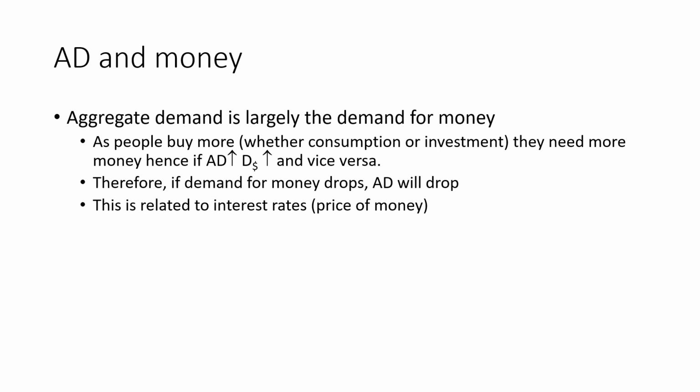And if price goes up, demand will go down. And so if interest rates rise, the demand for money will drop, which means aggregate demand will drop, okay? And again, we'll deal with all of that in the next one when we deal with monetary policy and the monetary system and how it works.